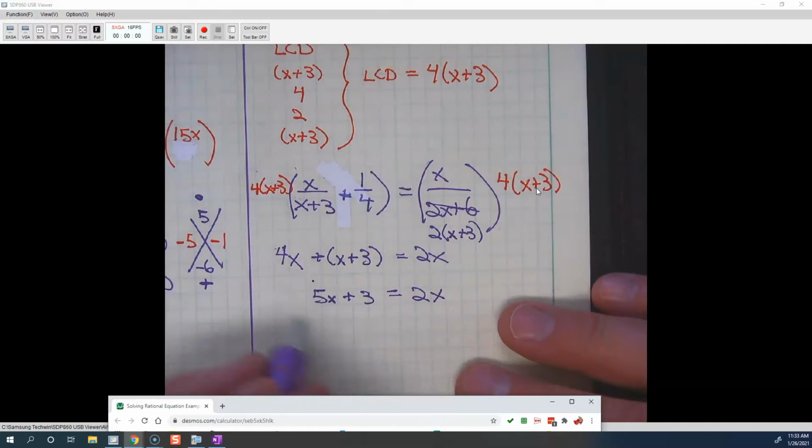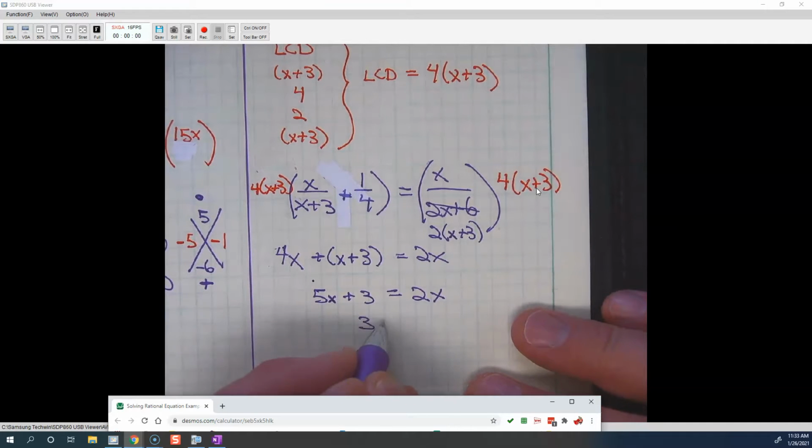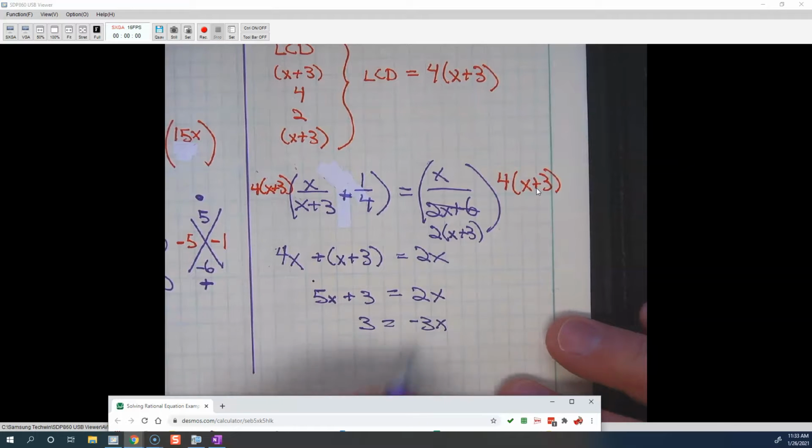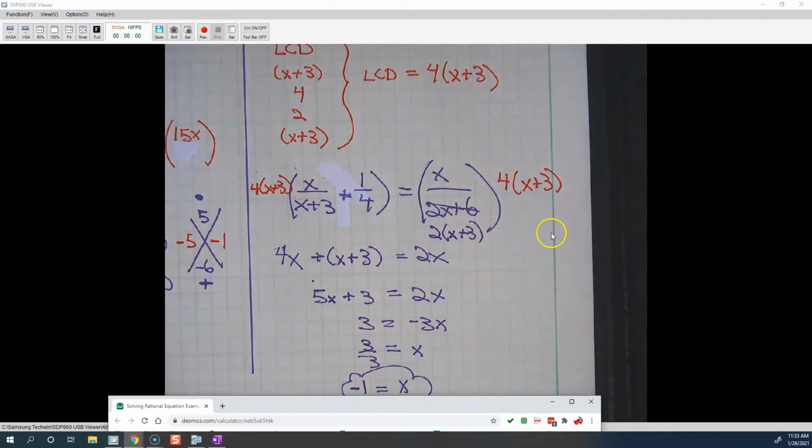And then I'm going to solve that. I'm going to subtract 5x, so that's negative 3x. And then I'm going to divide by negative 3. And I get x equals negative 1. And if we graph those, that's where they would both cross.